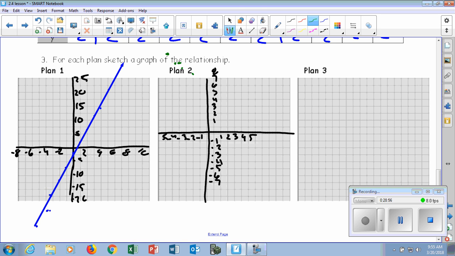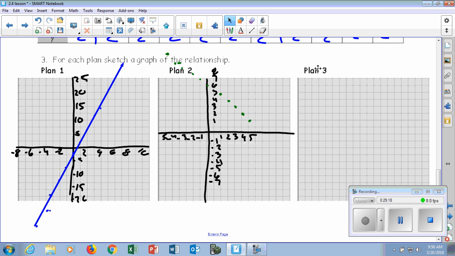Negative 1, I'm at 7. 0, I'm at 6. Awesome, I'm coming on the graph now. 1, I'm at 5. 2, I'm at 4. 3, I'm at 3. 4, I'm at 2. And 5, I'm at 1.